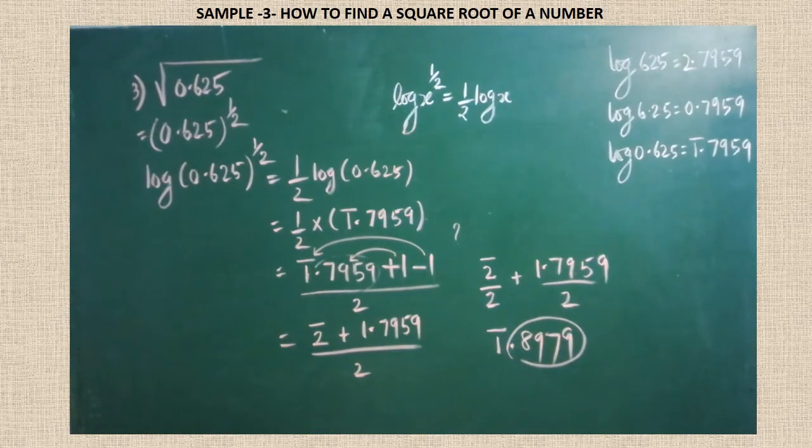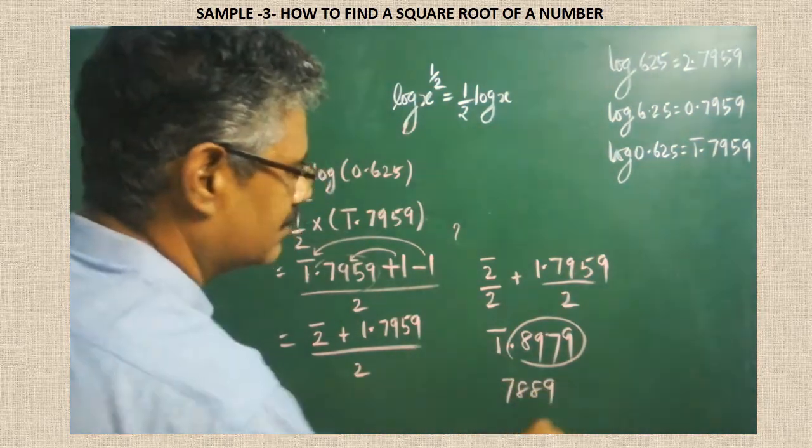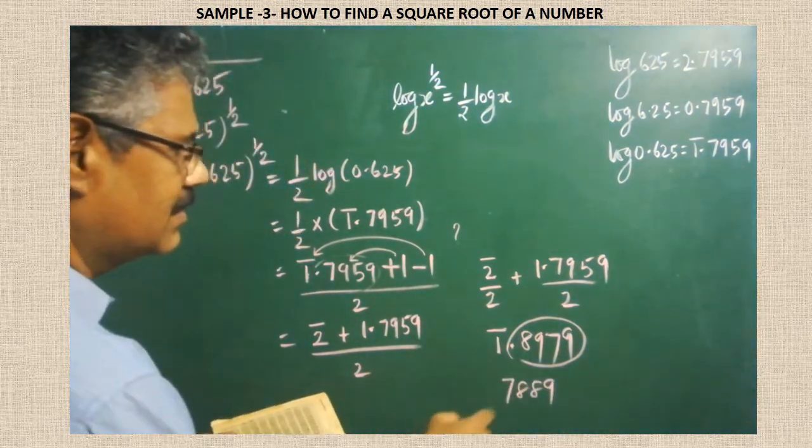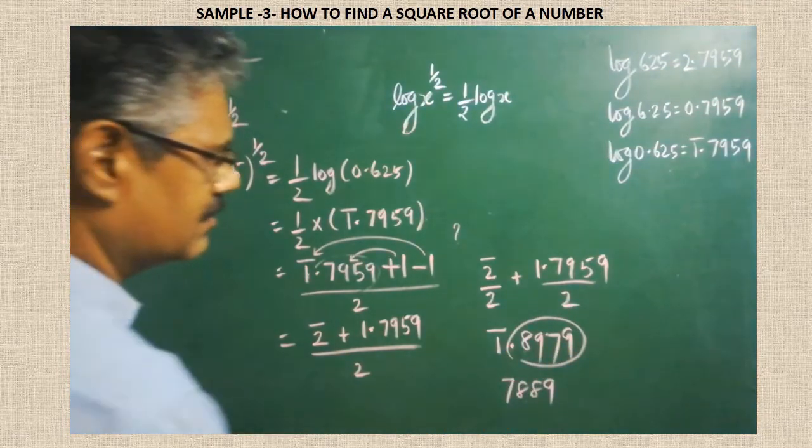With the help of the log book, if you find out the anti-log for the number 8979, 7889 is the anti-log value for this number. For mean difference, there you are getting 16. Are you clear?